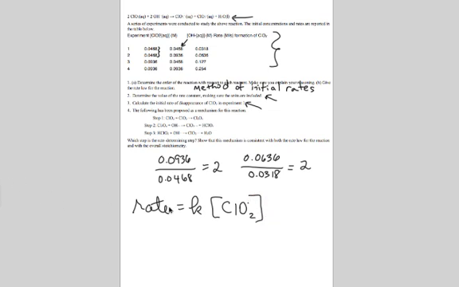We just determined that hydroxide is a 1. Now, do the same thing for the ClO2. Find two experiments where it changes and the other one stays the same. So you want this one to change, this one to stay the same.